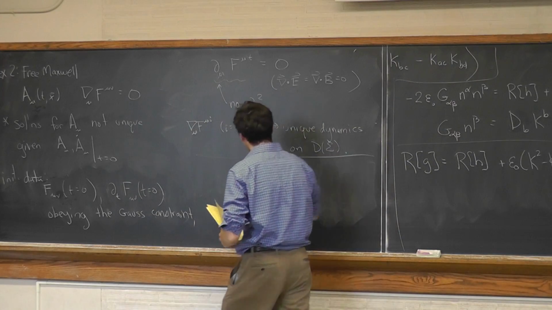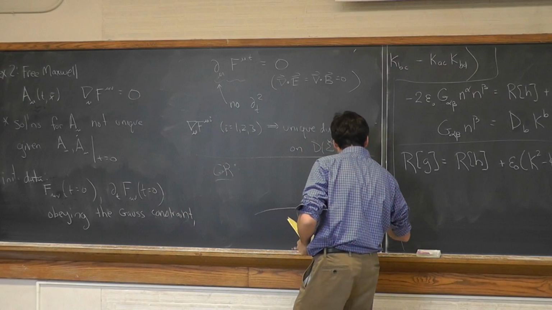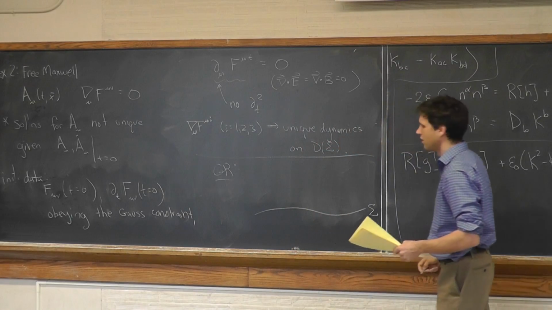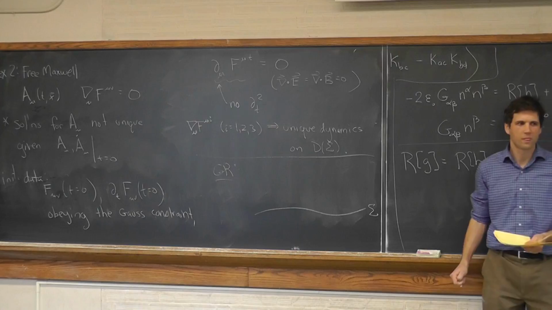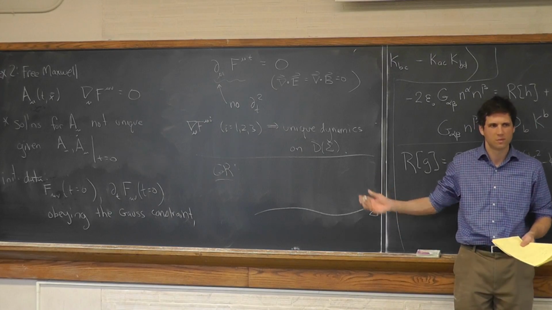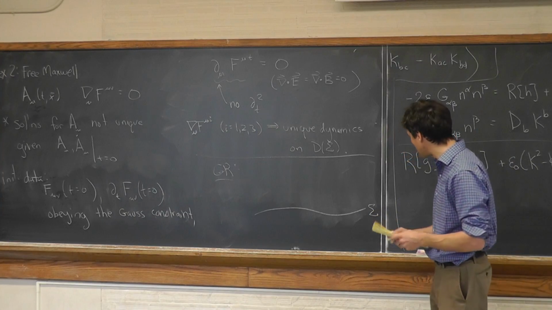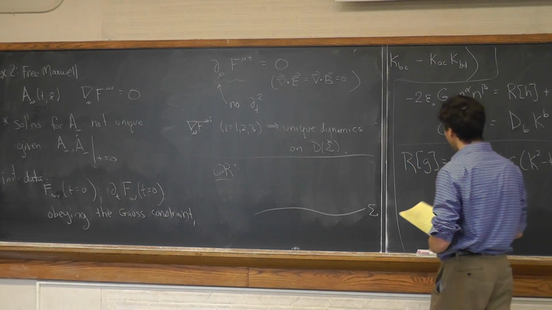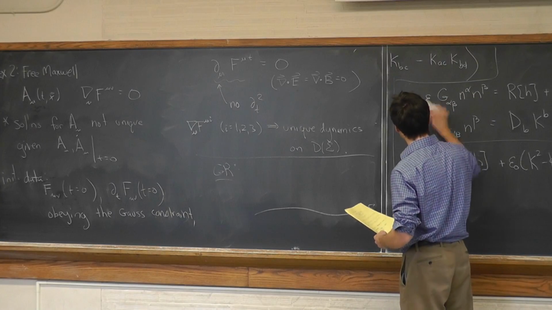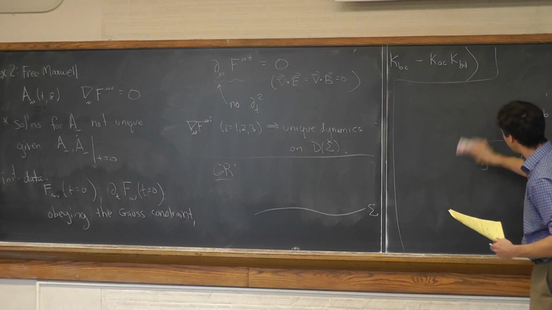Okay, so now we go to GR. Roughly speaking, we want to specify some slice Σ and tell you the data on that slice and then evolve in time. Given what we've discussed about hypersurfaces, I think that what I'm about to say is a plausible guess for what the initial data is, and I'll just state it.